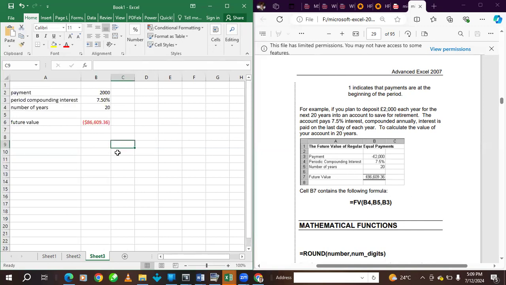Financial functions are mostly used to compute financial information or financial figures. We have looked at the IPMT, we have checked on the PMT, we have also checked the NPV, and we have also checked the FV.